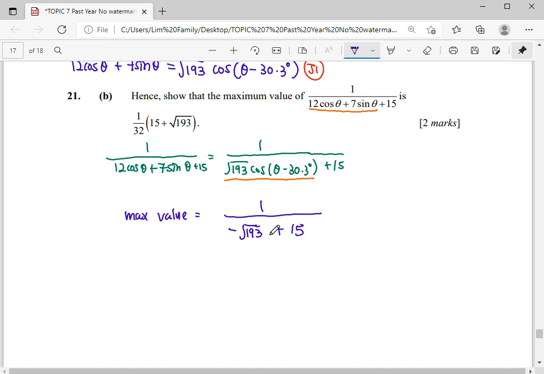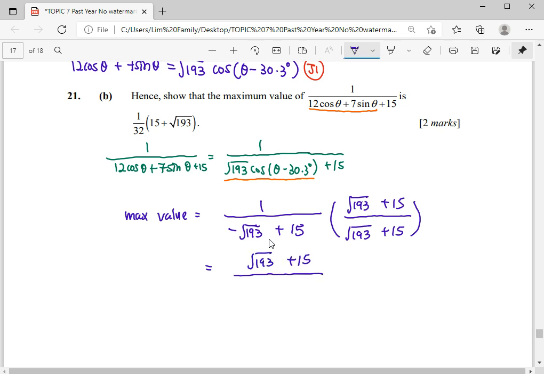When we have a surd number at the denominator, we will multiply by its conjugate. So its conjugate will be square root 193 plus 15 on both top and bottom. So we have square root 193 plus 15. For the denominator part, it will be negative 193 plus 225.